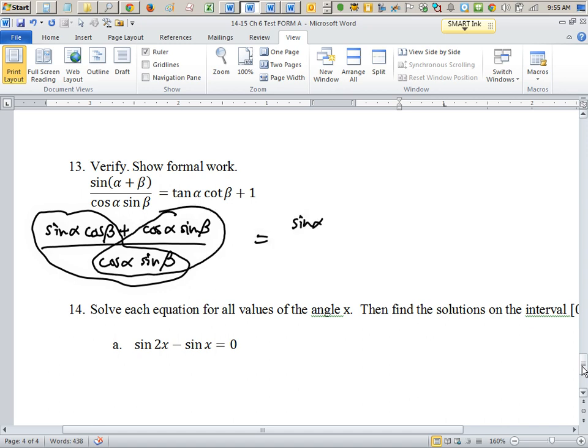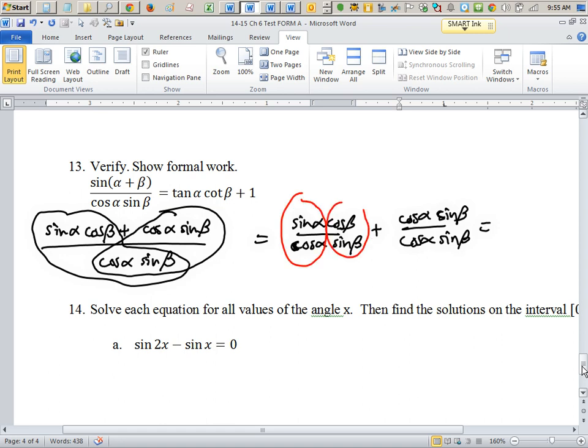And you get sine alpha cos beta over cos alpha sine beta plus cos alpha sine beta over cos alpha sine beta. And if you look closely at this, you can see the tan alpha right there. There's a cot beta right there, and this whole nonsense is 1. So it's just basically tan alpha cot beta plus 1. I think that one was straight out of the homework.